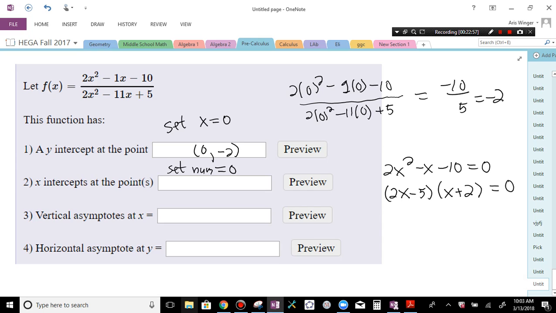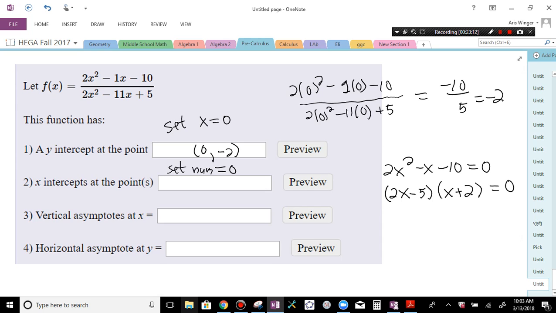So you need to put the factors of 10 in the right place so that when you multiply one of them by 2 and the other one by negative 5 and you add, you get negative 1 in the middle. So you just play around until you get the one that works.